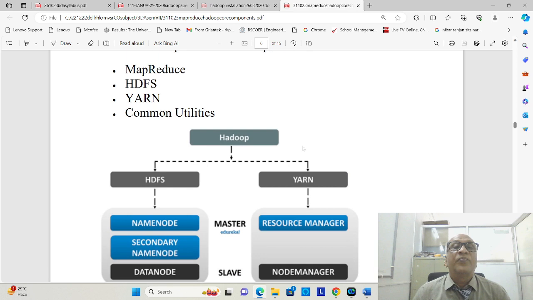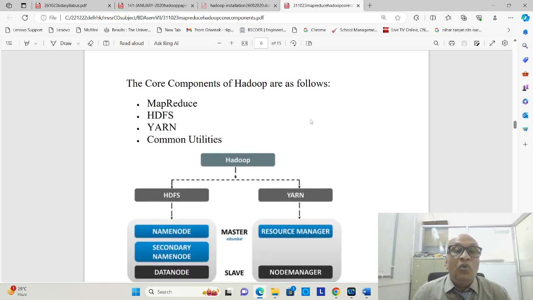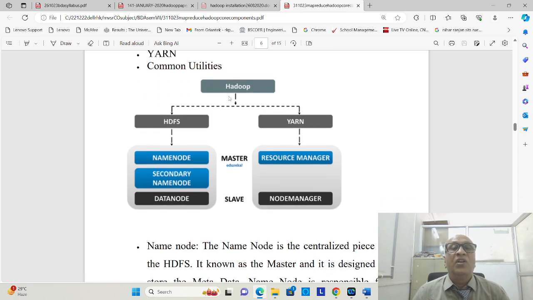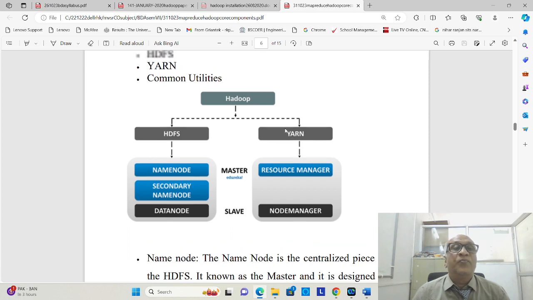So here, if you look at this small diagram, it shows the core components of Hadoop. What are they? MapReduce, HDFS, Yarn, common utilities. You can look here. Hadoop is split into one component being HDFS and the other major component being Yarn.